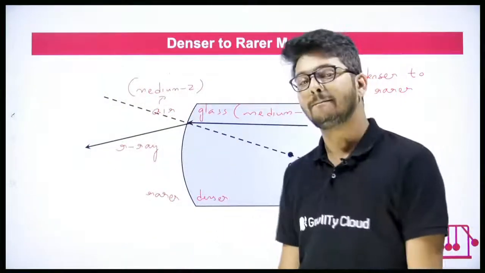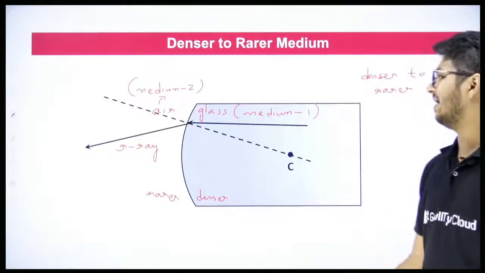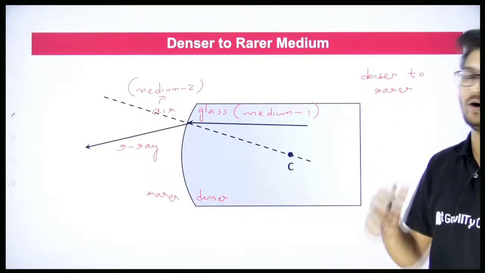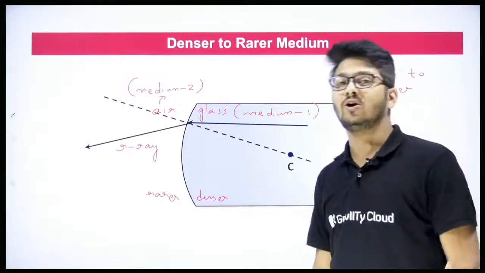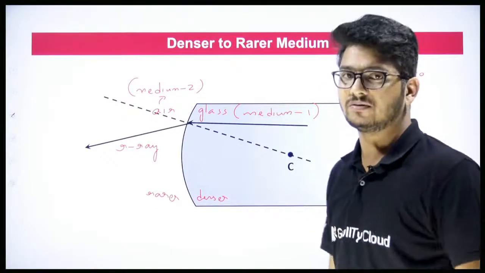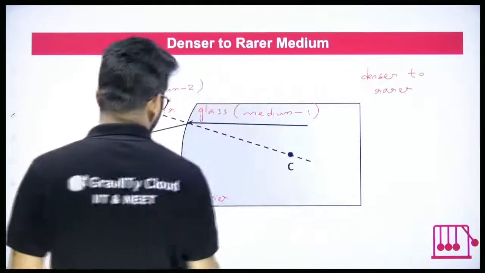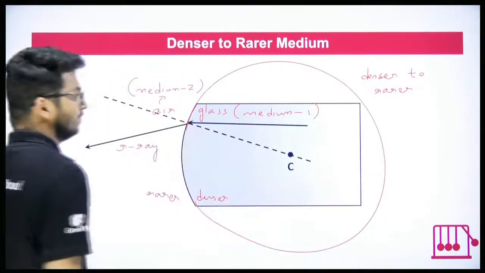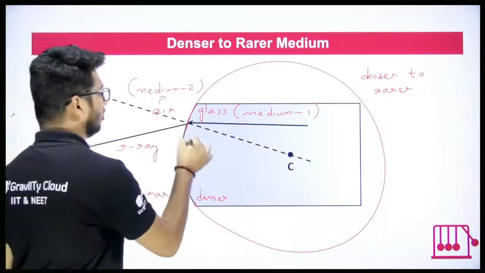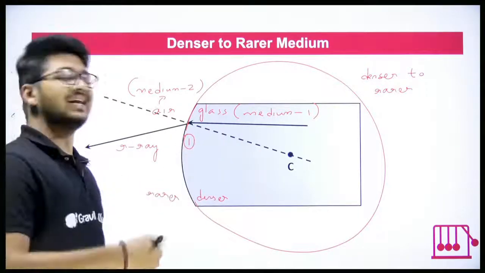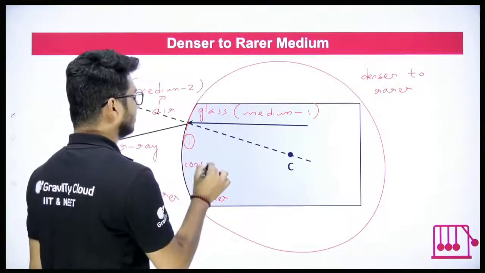Is that clear? Good. And here, which surface are we talking about? Is the ray incident on a concave or convex surface? Look at this. Complete the sphere. So the ray is incident on what? On the inner surface. What is the inner surface?